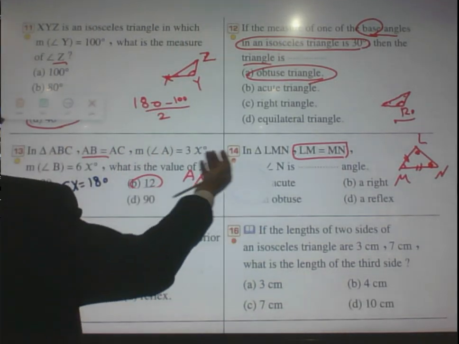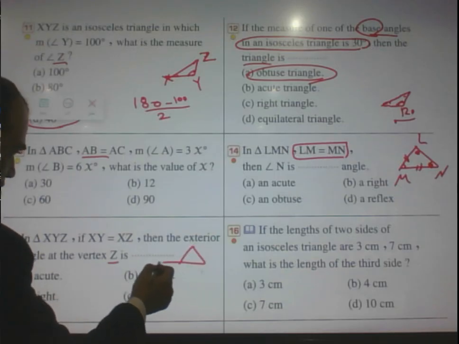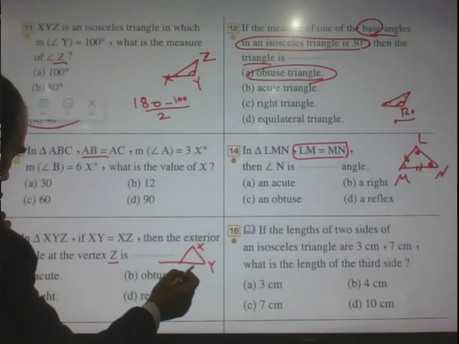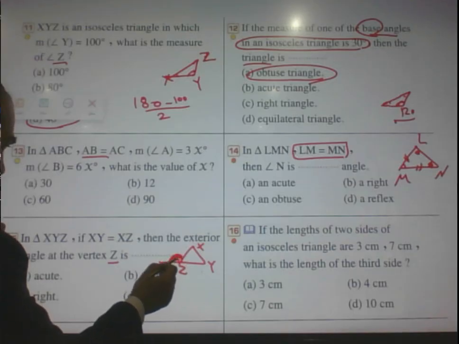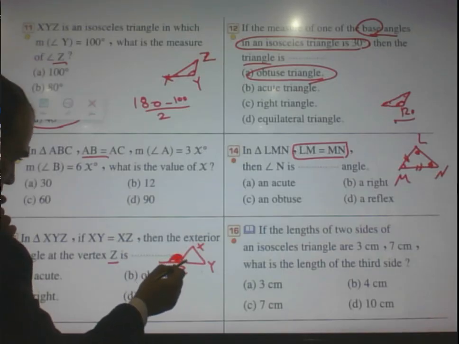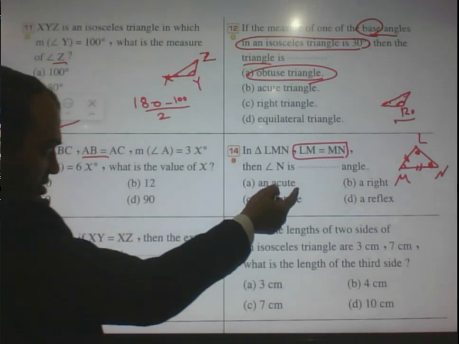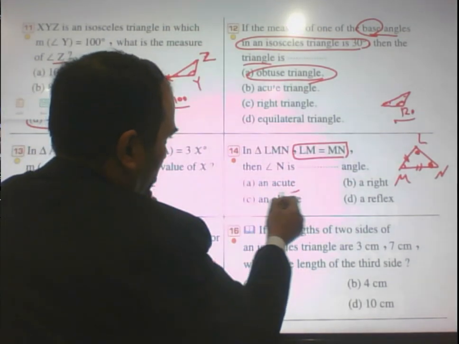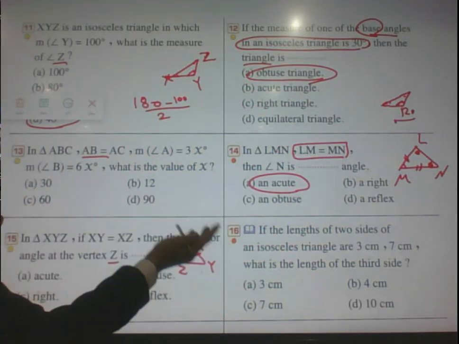XYZ triangle and the exterior angle at Z. The exterior angle may be equal to what? He gives me XY equal to XZ. The exterior angle about this angle here, what do we call it? Obtuse. I explain here: this triangle angle is acute, then the exterior angle of the acute angle will be obtuse.